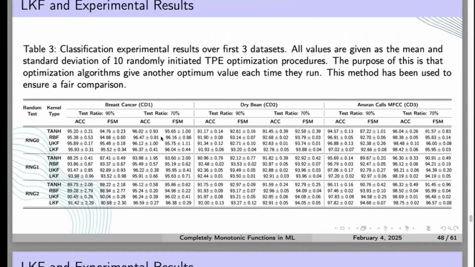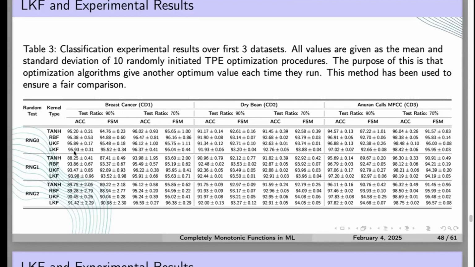Now let us see table 3 together. These are the classification results over the first 3 datasets. Here we see accuracy, FCM, and FSM values. We can comment on them like this: if they are near 100, they work well.